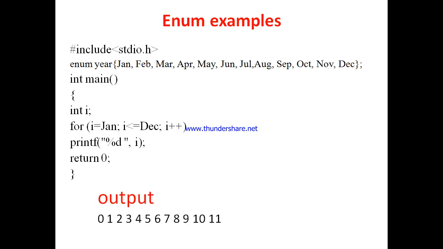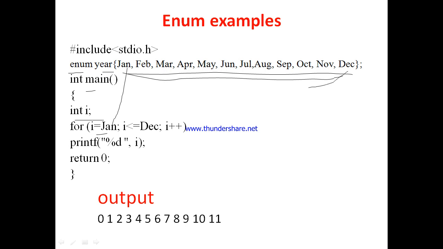Now let us see the next example. Here enum keyword, year is the enum name, and here all the 12 months are defined as constants. Now here int main, int i. If we have to display the values of all these constants, then here i equal to Jan, the first member or first value, to i less than or equal to December, this is the last value.